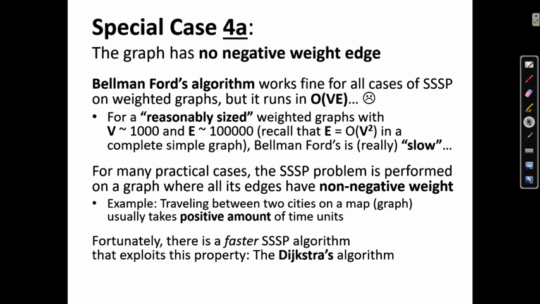Or traveling time, without wormholes. Imagine no wormholes. It's normally traveling on the road, so you take positive time. So these kinds of graphs don't have negative weight edges. There's a faster algorithm that exploits this, which is Dijkstra's algorithm, the main algorithm we will look at for this lecture.